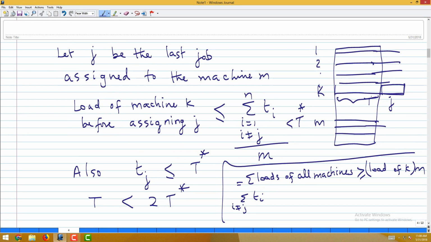By our earlier argument, the load of the machine before assigning j is at most T star. That was true even now, because of the same averaging argument.